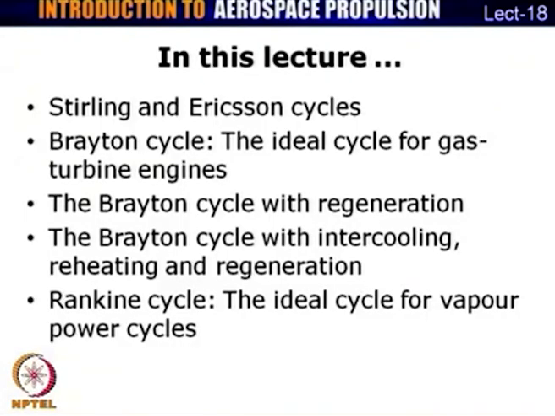We had discussed the Brayton cycle and different variants of it, methods of improving efficiency, Brayton cycle with regeneration, and Brayton cycle with intercooling, reheating and regeneration. Then we also discussed the Rankine cycle, that is the ideal cycle for vapor power cycles.